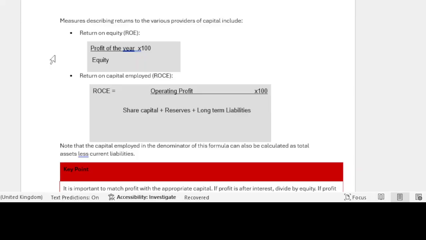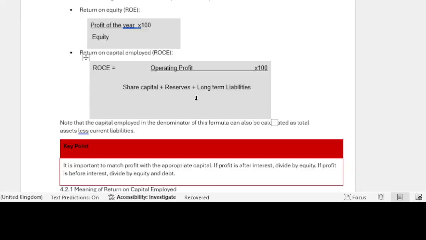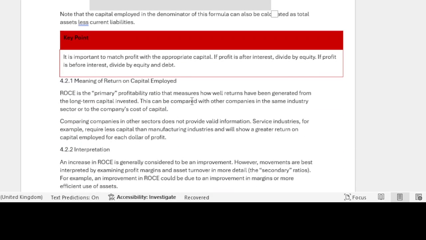Then we have return on capital employed, where we look at the operating profit and then we divide by the share capital plus reserves and long-term liabilities. We multiply by 100 because it is also a percentage. Also, the higher the percentage, the better. Why are we saying the higher the percentage, the better?